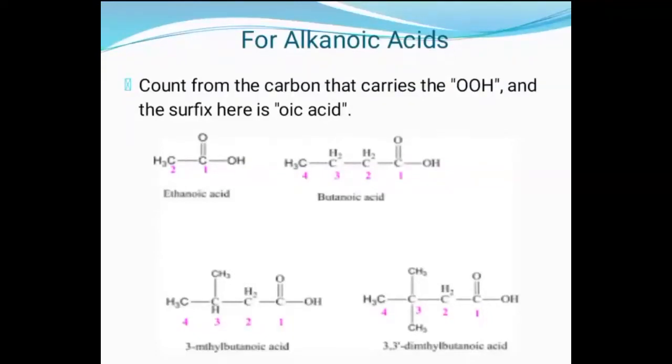My people, this is how an organic compound is named. The alkane, alkene, and the alkanoic functional groups act as a guide for naming other functional groups. I want to believe you can now comfortably name an organic compound after watching this presentation.